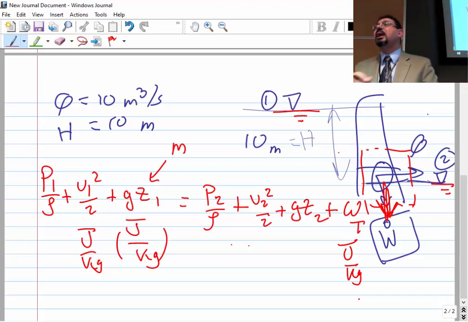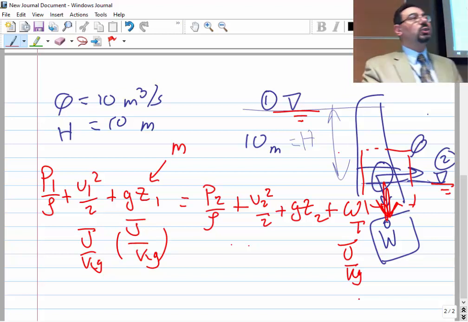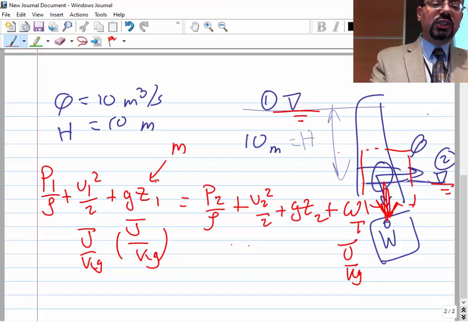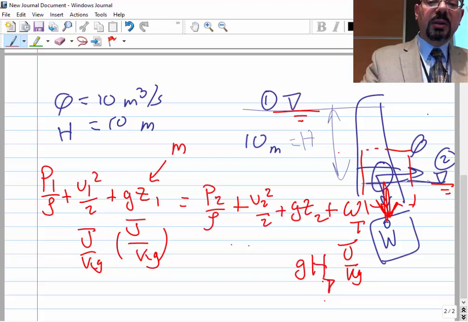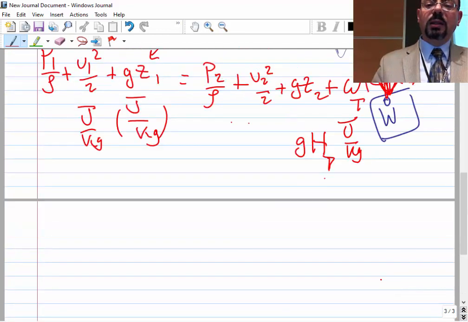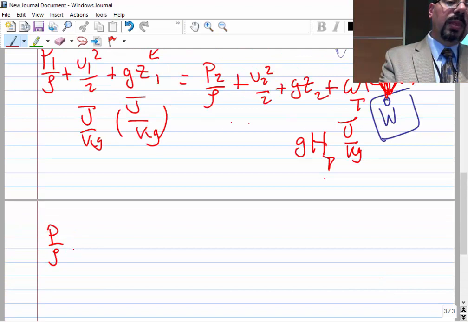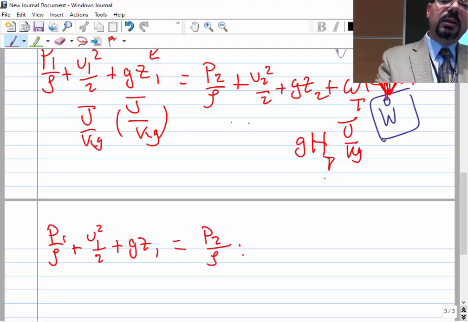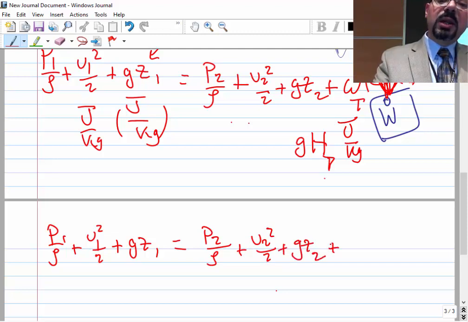They will tell you the turbine is extracting 7 meter worth of energy. How is that possible? Just like gZ is joule per kilogram, instead of that term you can write gH turbine. So the equation would be P1 over rho plus V1 square over 2 plus gZ1 equals P2 over rho plus V2 square over 2 plus gZ2 plus gH turbine.